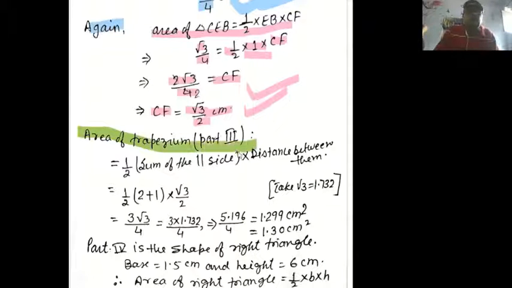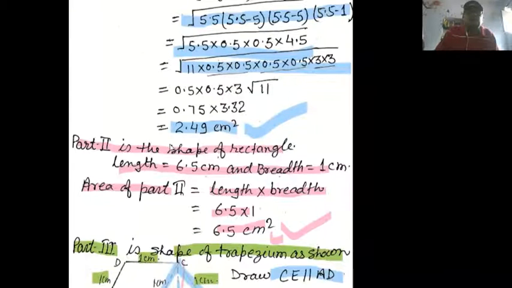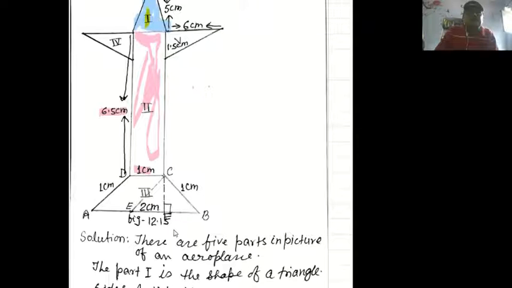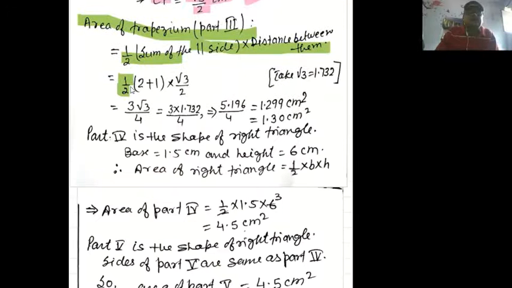Now we use the area of the trapezium: half into sum of the parallel sides into the distance between the parallel sides, means height, equals half (1 plus 2) into h, root 3 by 2.